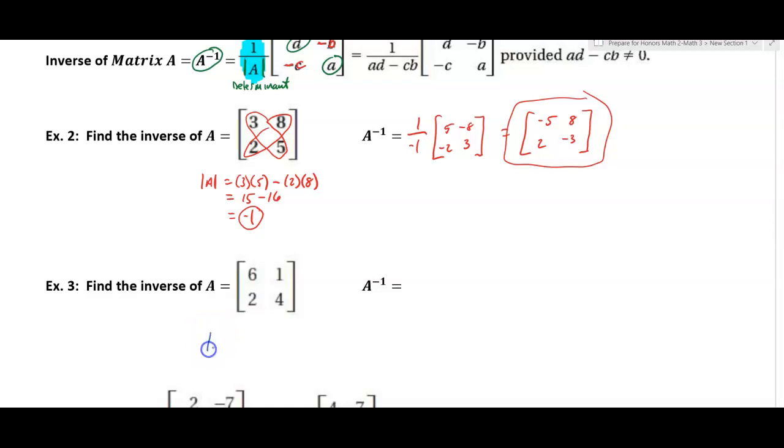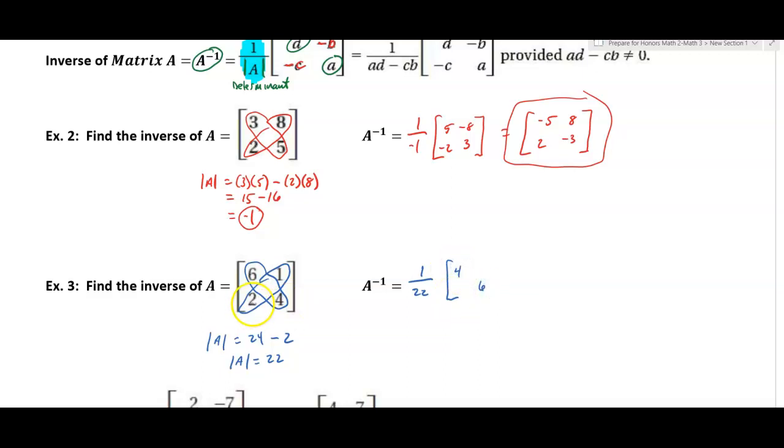I start out by finding the determinant of A, which is going to be 6 times 4, which is 24, minus 2 times 1, which is 2. So the determinant of A is 22. So now the inverse is 1 over the determinant of A, which is 22. Then I flip-flop the 4 and 6, so this becomes 4, this becomes 6.